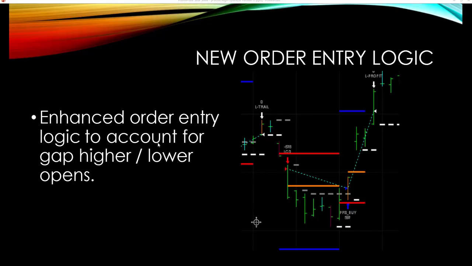So with that said, we have brand new order entry logic that we improved upon that allowed us not to miss out on trades due to orders, for example, on a gap lower open situation.